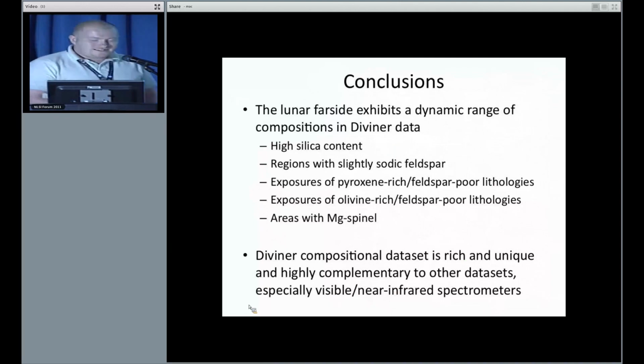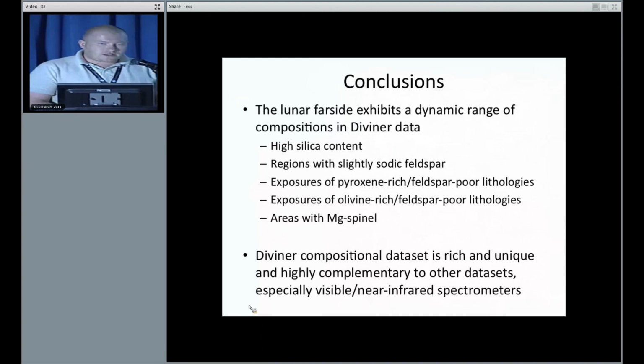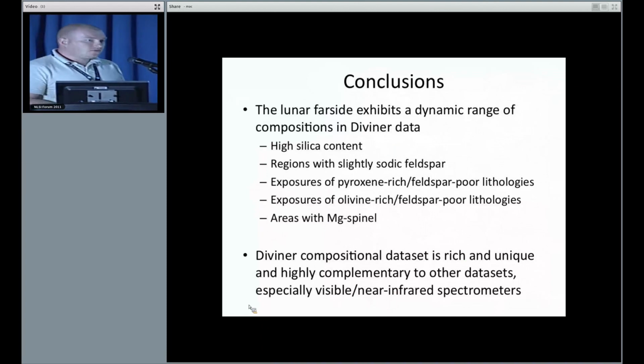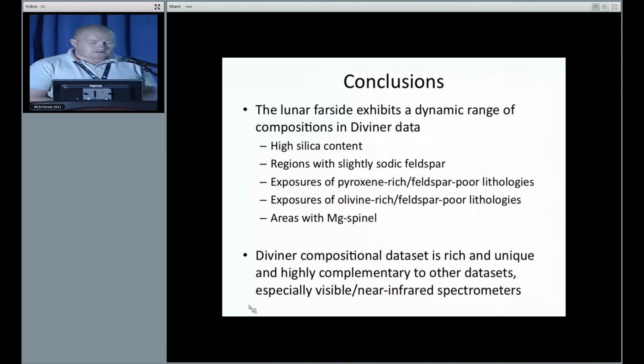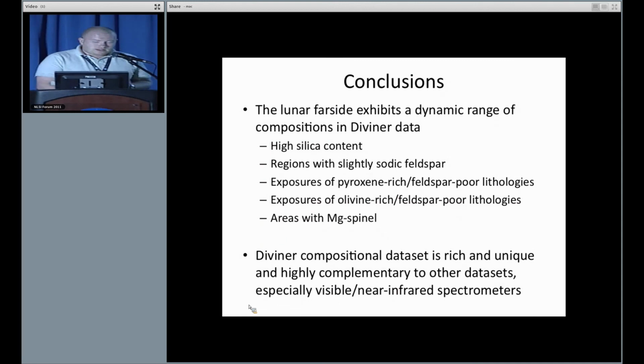So in conclusion, the far side has the full dynamic range of Diviner data. We have areas that have high silica content, although they're not nearly as widespread as they are on the near side. We have regions with potentially sodic feldspar compositions, and those are widely spread. And then you have the Moscoviense Basin with its unique lithologies.